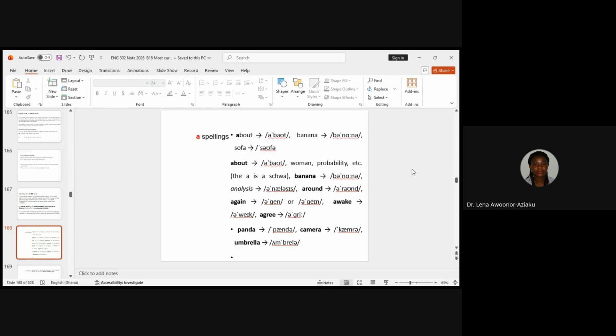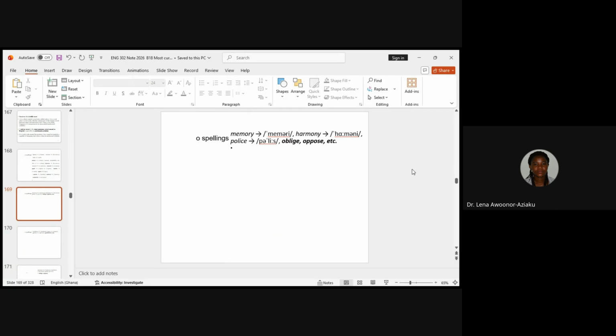So you can mention them. And if you have ION in an unstressed syllable position, it is schwa. And sometimes the schwa will go completely. So you should take notice of this. So as we are going through, you will see.